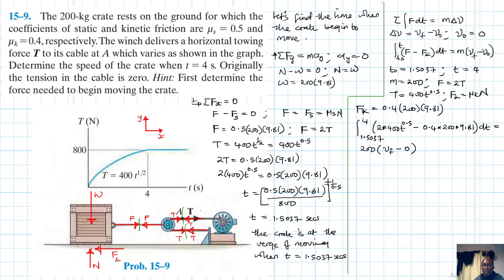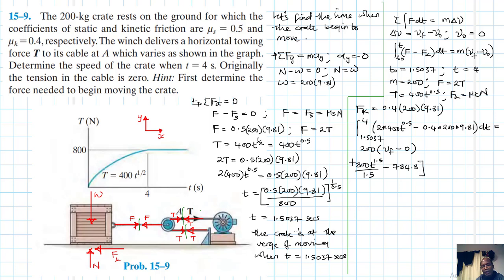So let's integrate. If we integrate it, we have 2 by 400 to the power t, so this becomes 800 t to the power 1.5 divided by 1.5, minus 0.4 by 200 by 9.81, which becomes 784.8.